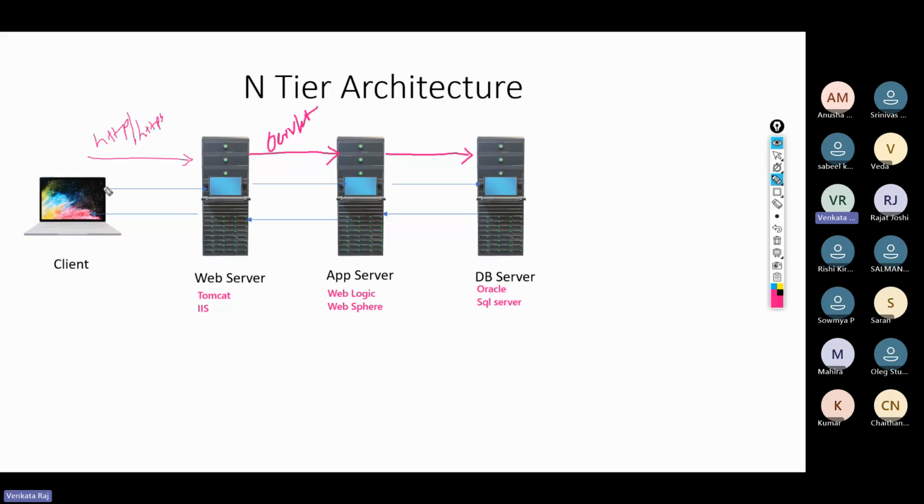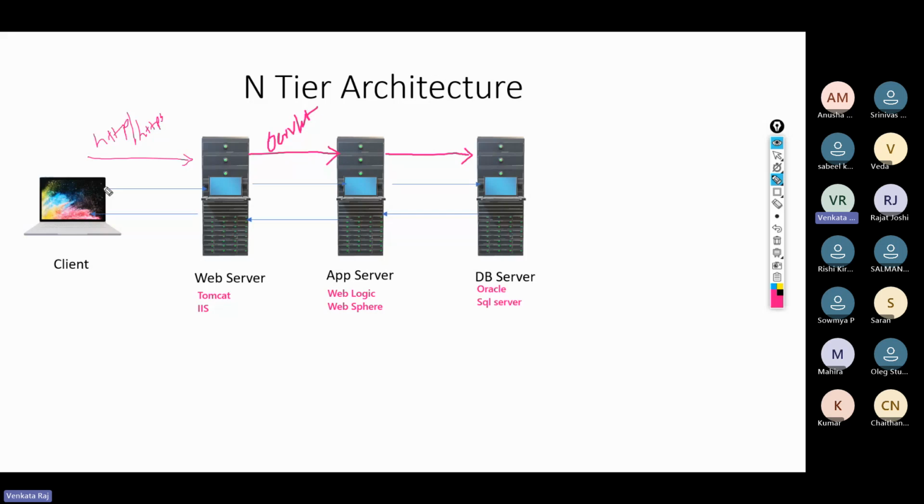The web server will not do any processing, it will simply forward the requests. Now the business logic resides in the application server, so there is a high chance that it might take more time, or you might see performance issues, slowness and all that, because of the application server.